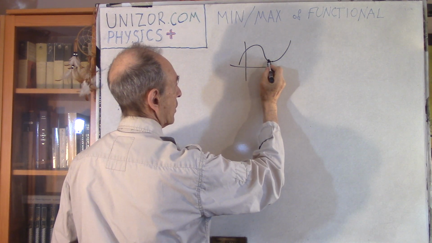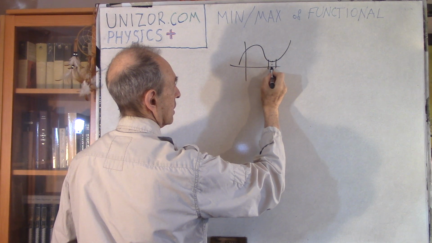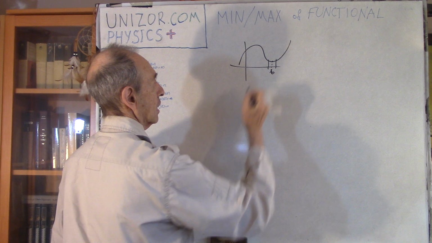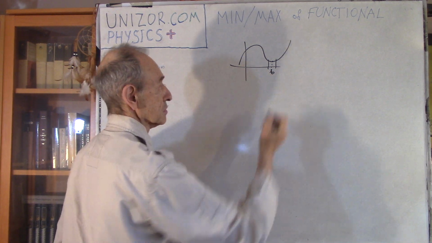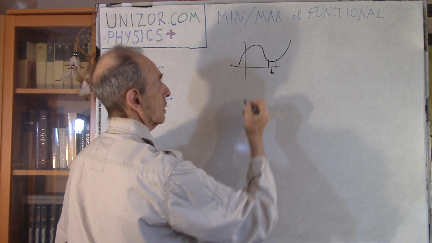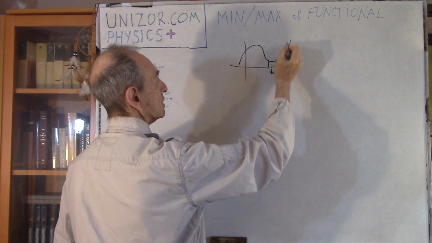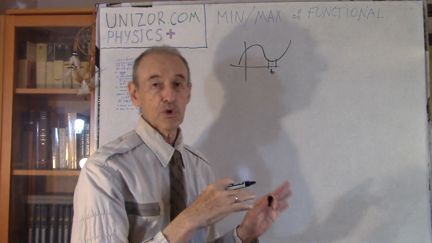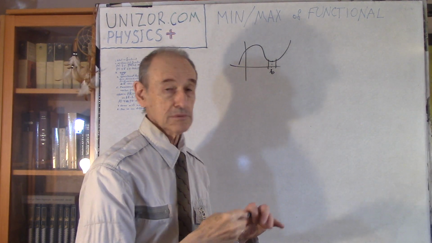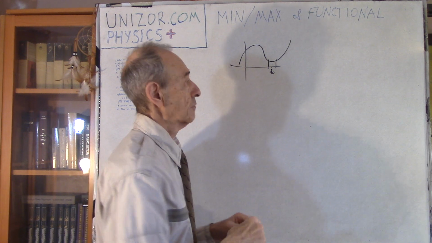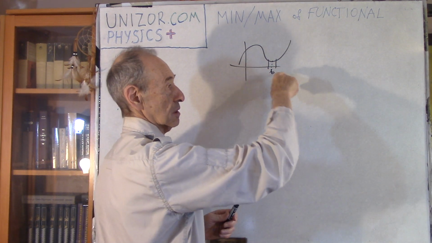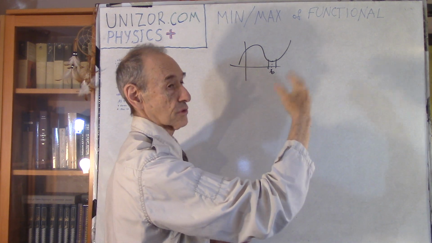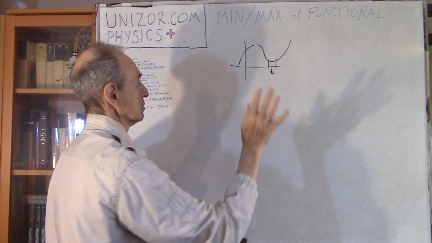It means that somewhere near this particular value of argument, no matter where we go, to the left or to the right, we will always increase the value of the function. So that's the minimum. And we will primarily talk about minimum because maximum is absolutely the same. You just have to change less than sign to greater than.